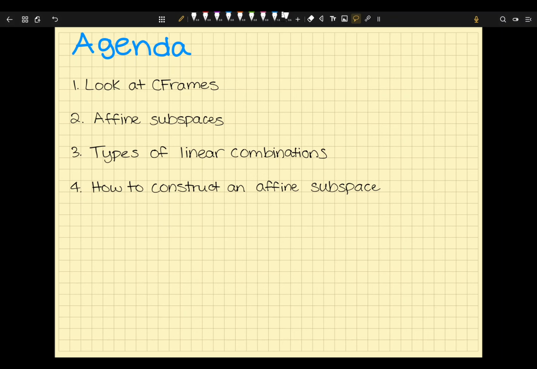Also, we're not going to be writing any code today. I thought for a while about what code we could write that would reinforce what we're learning about affine subspaces, and kind of drew a blank. But I'll talk more about that. So today's kind of just a picture day.